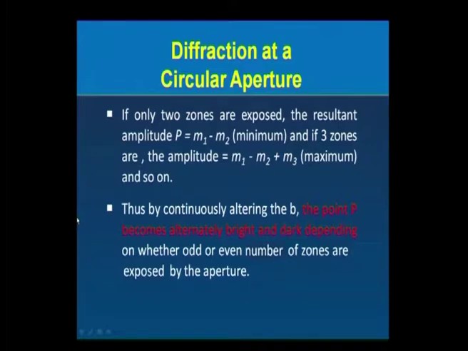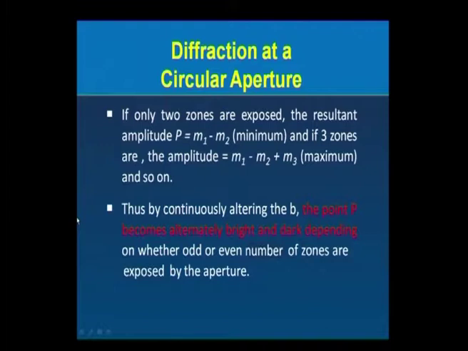On the other hand, if the aperture or hole allows 2 half period zones, then the displacement will be m1 minus m2. As I told you in the last lectures, if the amplitude for the light passing through the first half period zone is plus m1, then the light coming from the second half period zone will be minus m2.